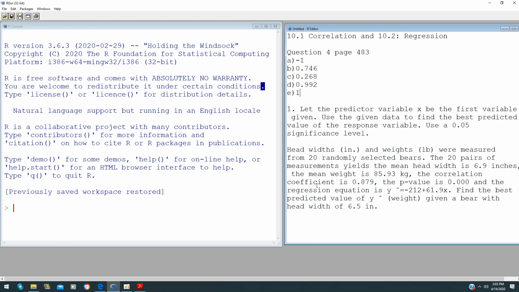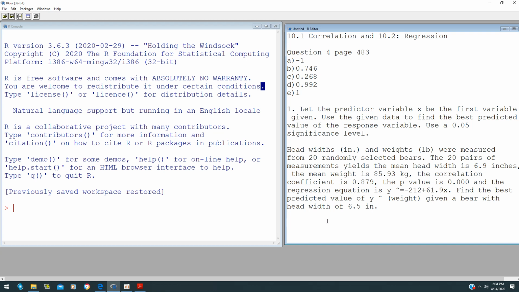The correlation coefficient is 0.879 and the p-value is 0. The regression equation is y hat equals -212.12 plus 61.9x. Find the best predicted value y hat of weight given a bear with a height width of 6.5 inches.